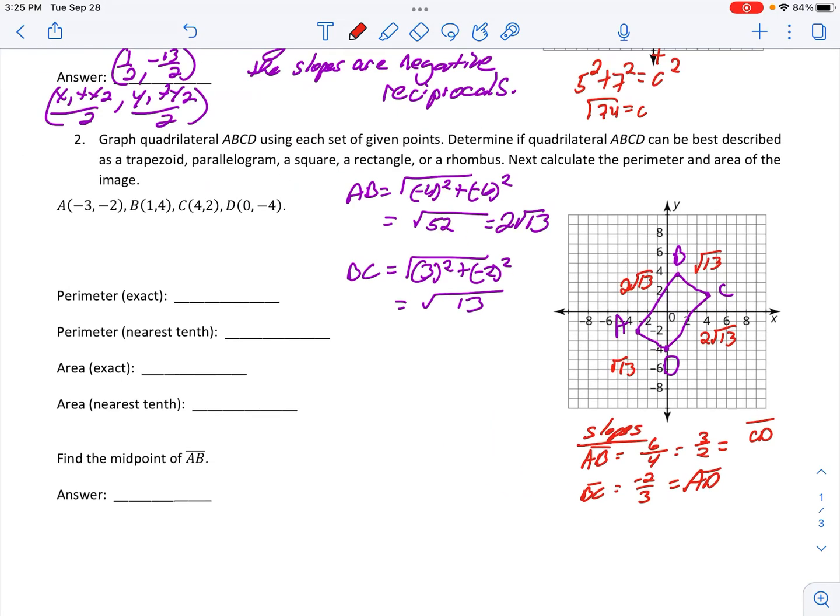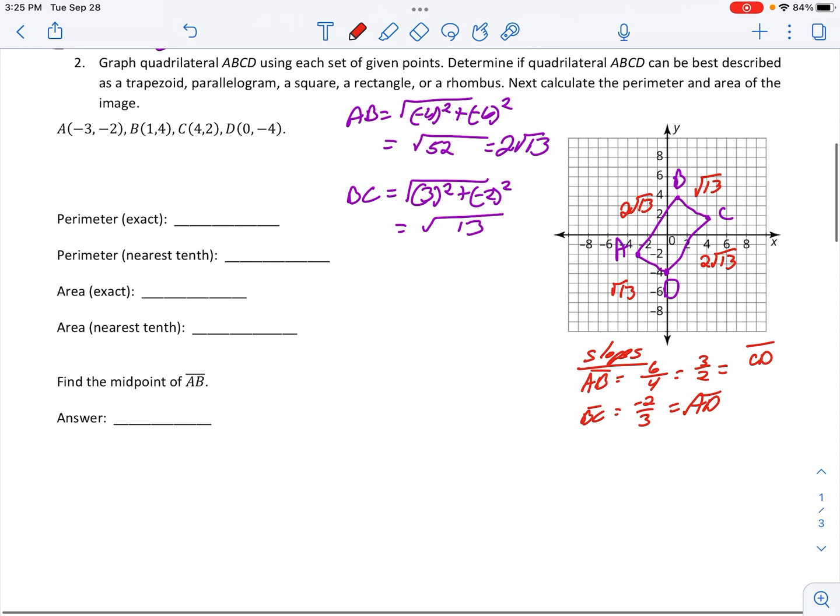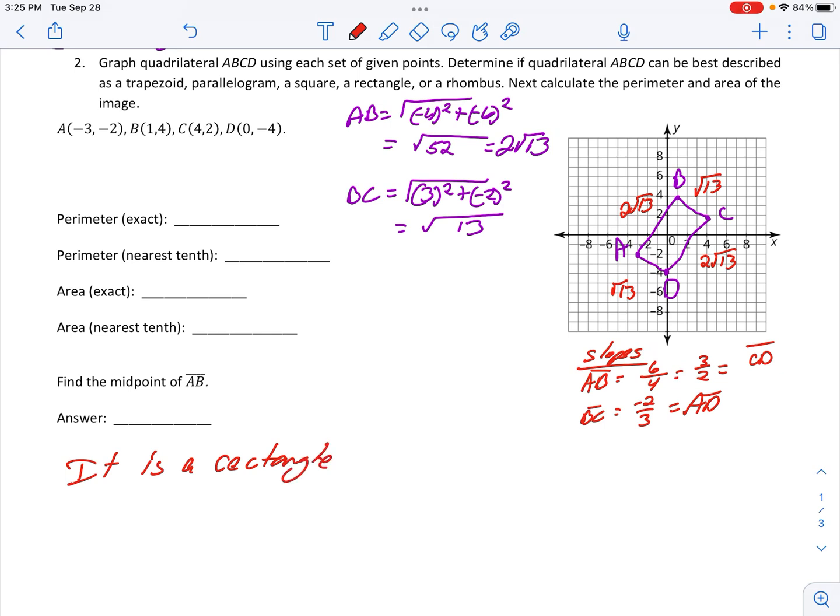So because of that, we do have ourselves a rectangle. So let's state it is a rectangle since two pairs of opposite sides congruent.